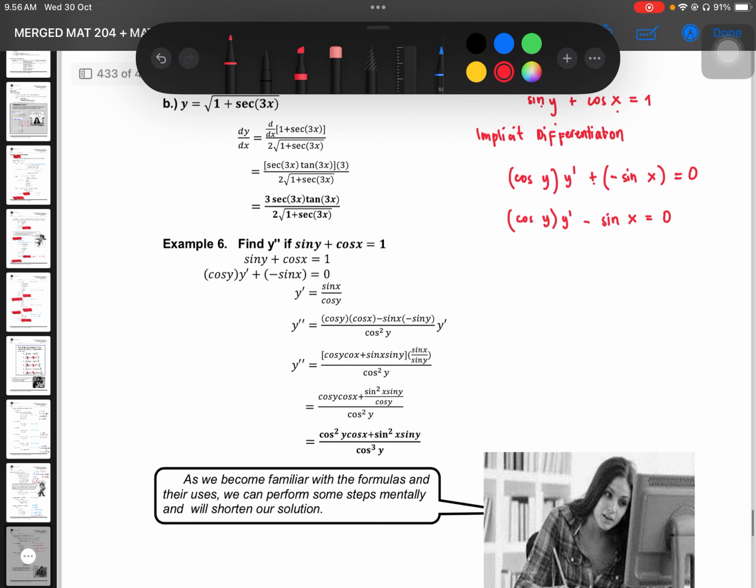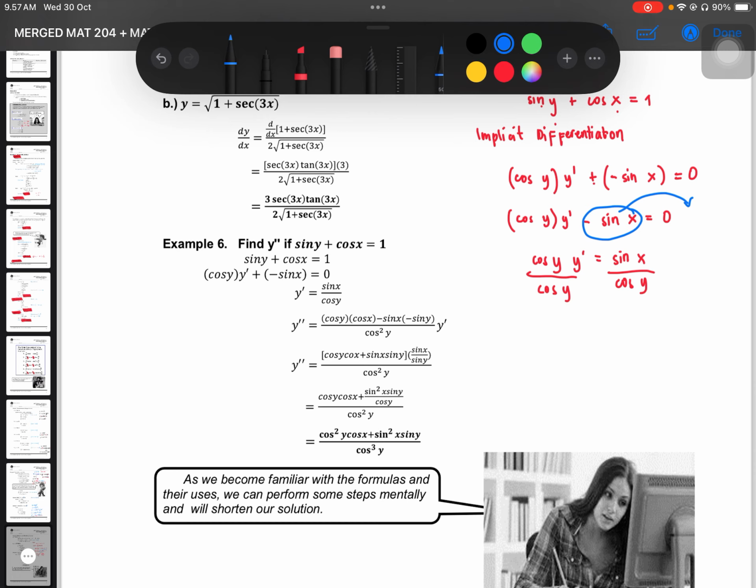Then, next naman natin, lipat lang natin. Okay? So, ito, si negative sine x, transpose lang natin. Magkakaroon tayo ngayon ng cosine y prime, is equal to, from negative, magiging positive na siya. Sine x. Then, let's divide both sides by cosine y.